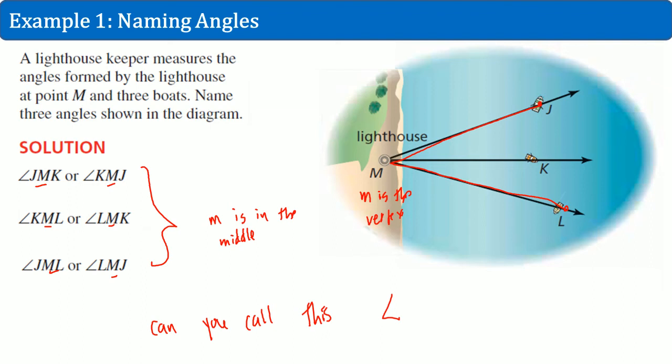The answer would actually be no. Because if you call this angle M, you don't know which one it is. Angle M can be this one, angle M could be this one, or angle M could be the entire thing. You don't know. That's why you have to always use 3 letters if possible.